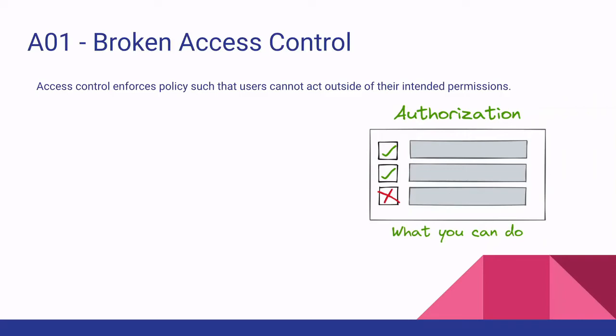So access control enforces policy such that users cannot act outside of their intended permission. Failures typically lead to unauthorized information disclosure, modification, or destruction of data, or performing a business function outside the user's limit. For instance, there is a portal for employees, managers, and senior managers.